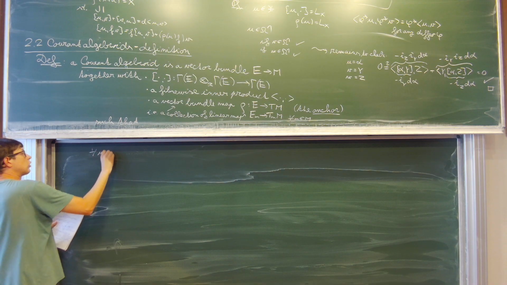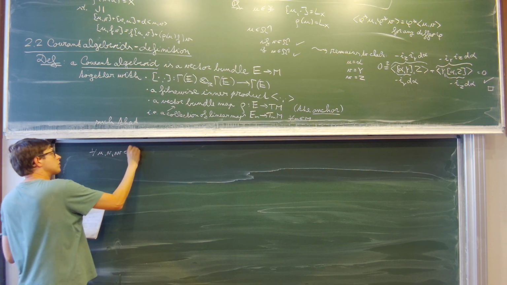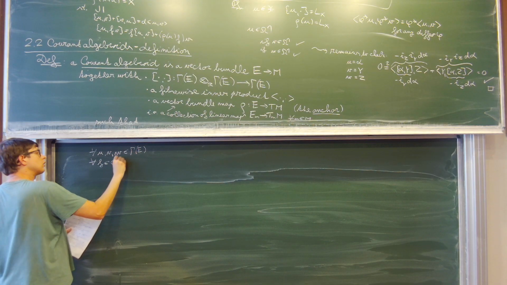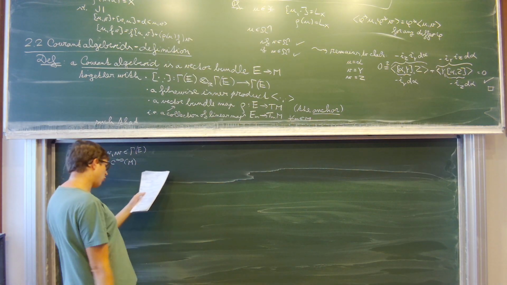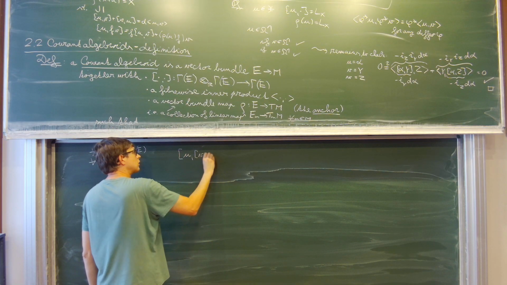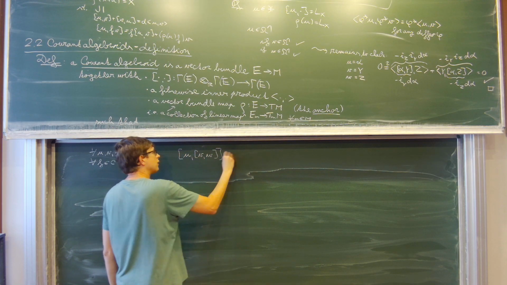So for all three sections of that bundle, and for all functions on the base, we want the following axioms. The first one is the Jacobi identity.